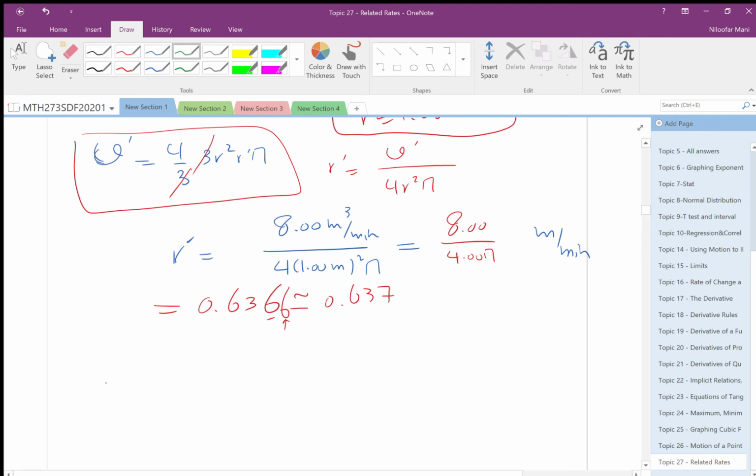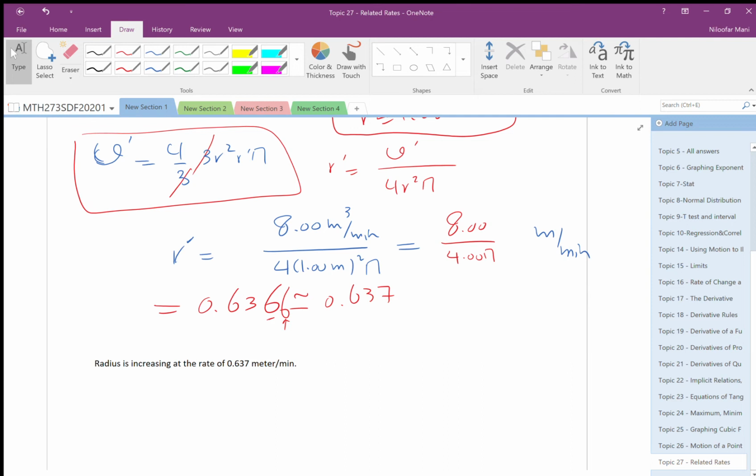So r is increasing, I can say, at the rate of 0.6367 meter per minute.